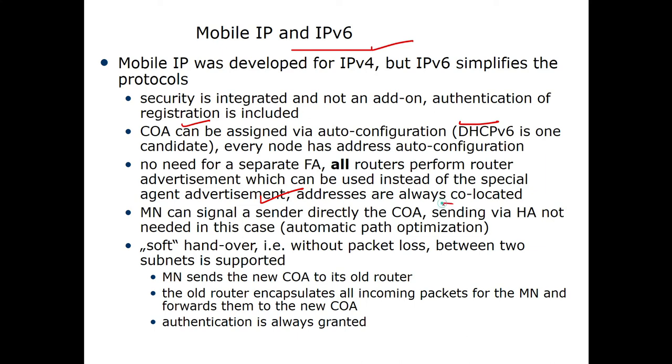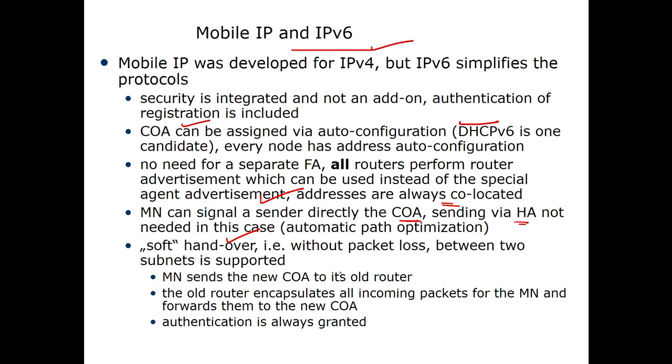All the addresses are always co-located. Here the mobile node can send a signal directly through the care-of address, not through the home agent, automatically with route optimization. Here we lose data packets with respect to handover. The handover process also takes place, and it should be done without packet loss.